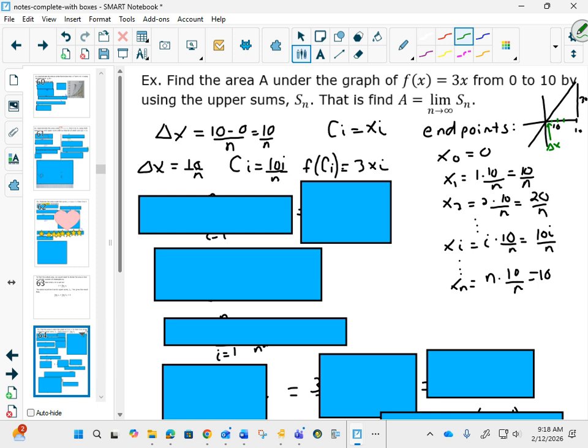You don't have to write this down, but if I wanted to find the third one, does it make sense that I would just go change of x 3 times? Because it's always going to be the right-hand side, because it's increasing. So change of x is 10 over n. If I want to find the third one, I would do the change of x 3 times. Okay.